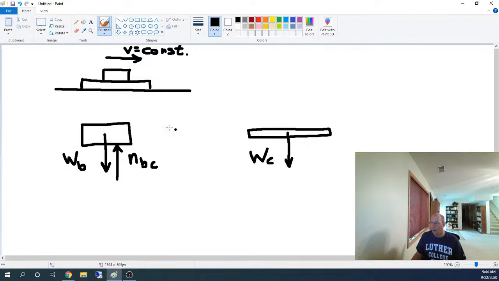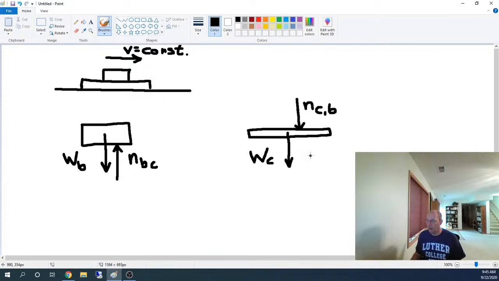Then also the brick is pressing against the top surface of the cushion. So I'm going to label that force. It's a normal force again. And this is the normal force on the cushion due to the brick. And then also there is a force that is acting on the cushion because of the support that's given by the icy parking lot surface.